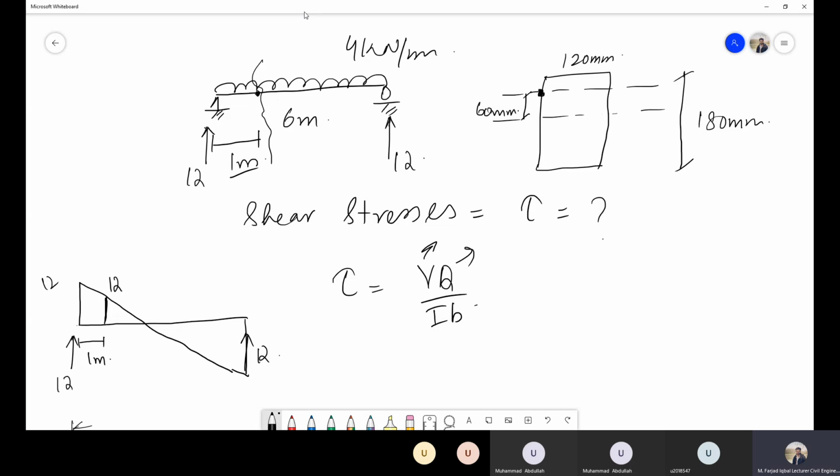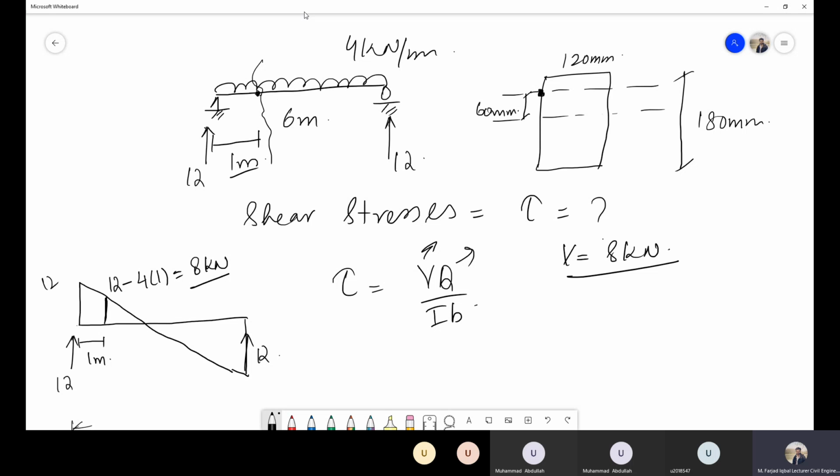Can I say that shear force is 12 minus 4 into 1? 8 kilonewton. Yes, sir. So the shear force at this point is V equal to 8 kilonewton, right?